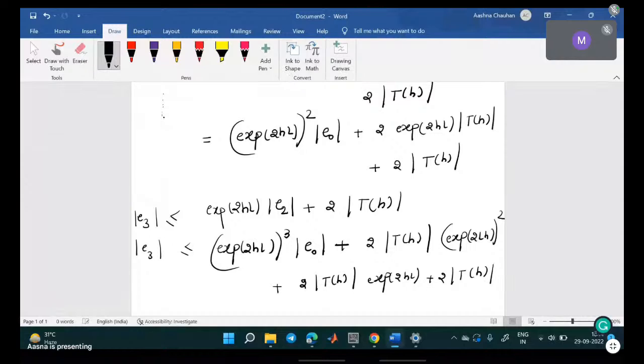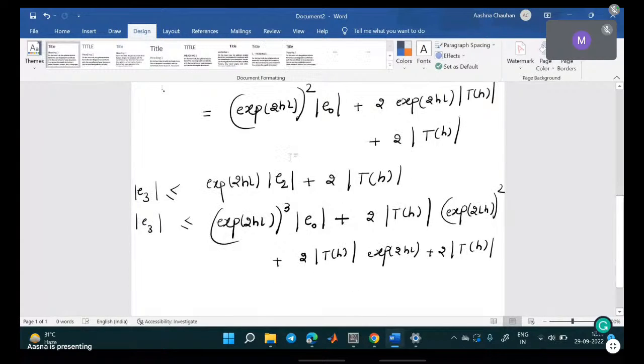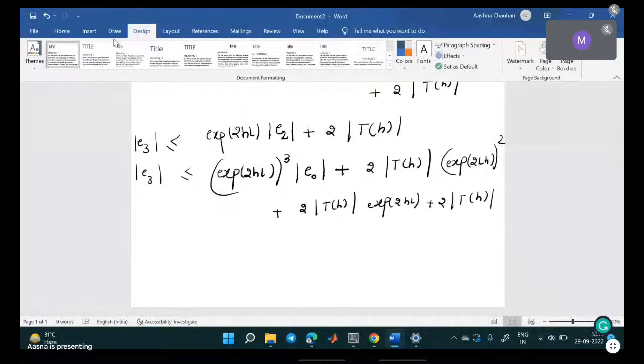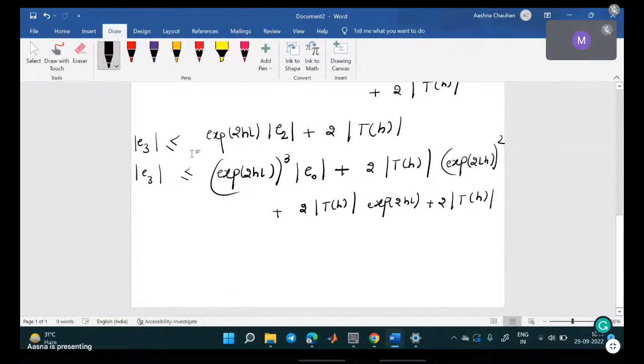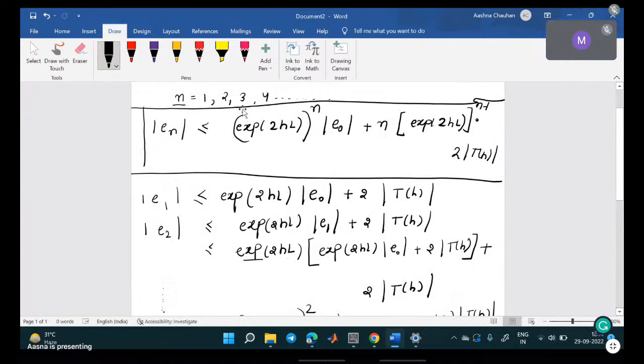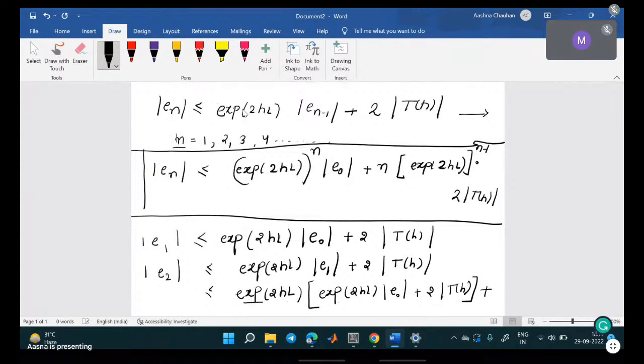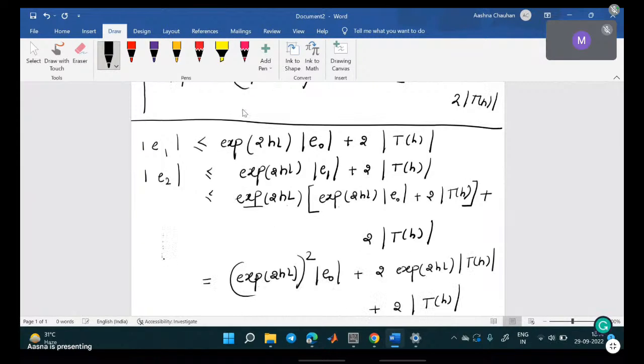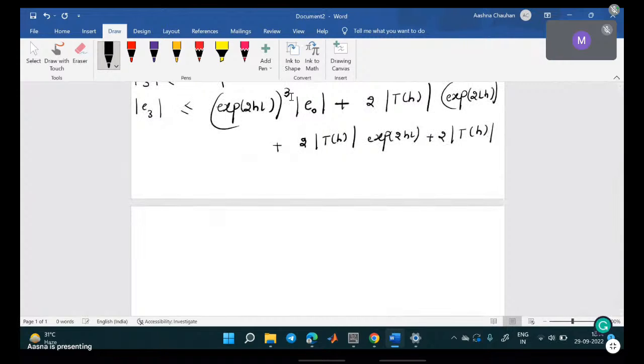So if I repeat the same process up to nth time, then finally I get mod of En is less than or equal to exponential of 2HL whole power n mod E naught.